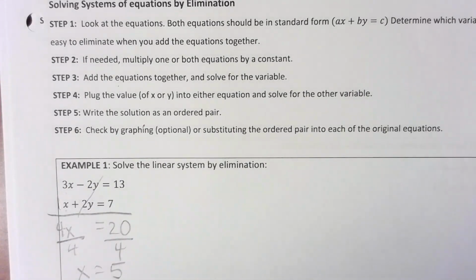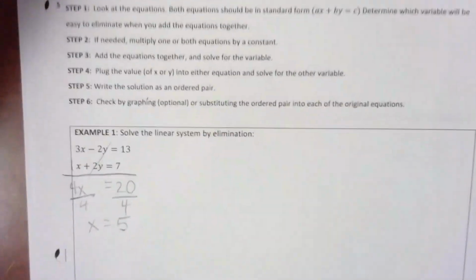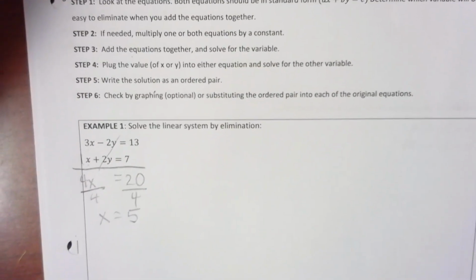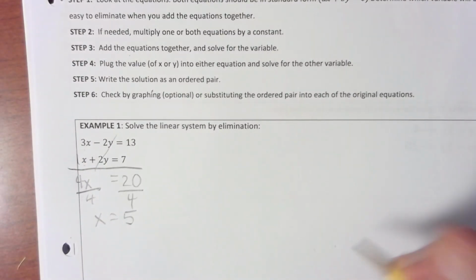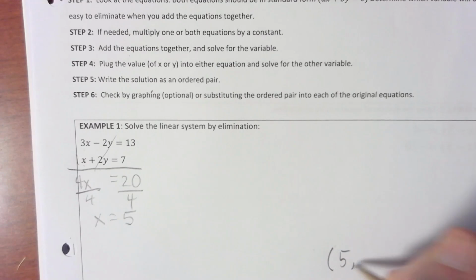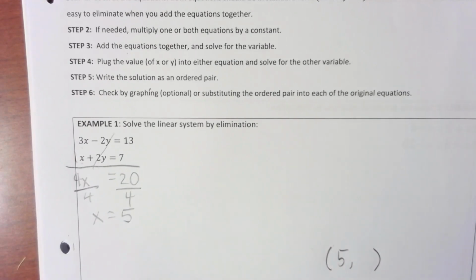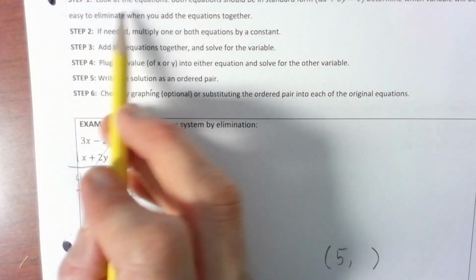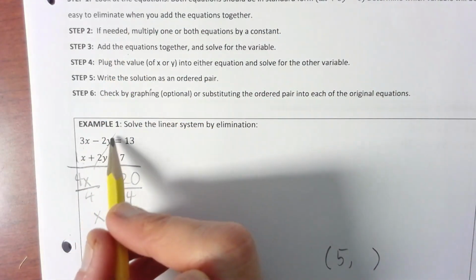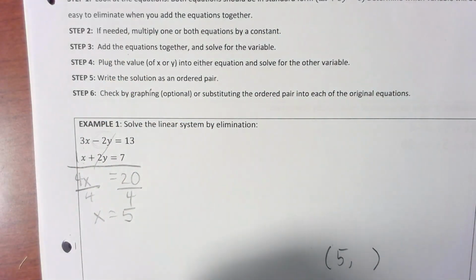Okay, now the rest of this process is just like what we were doing with substitution. Here's what I have so far. I have half of the answer. I gotta find y. I pick the easier equation. So we've done step 1, look at the equations and determine which variable will be easy to eliminate. The y will be easy to eliminate.